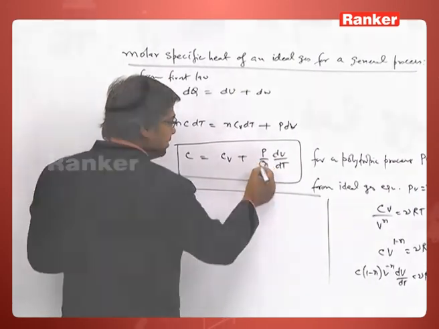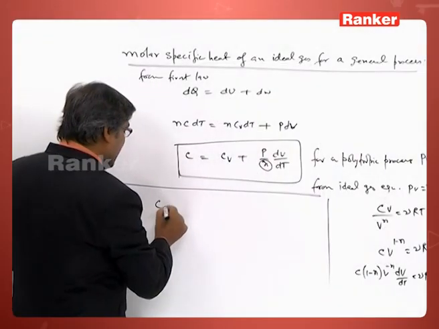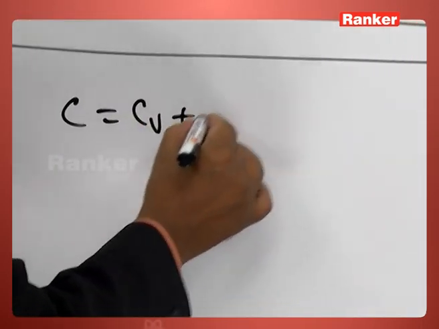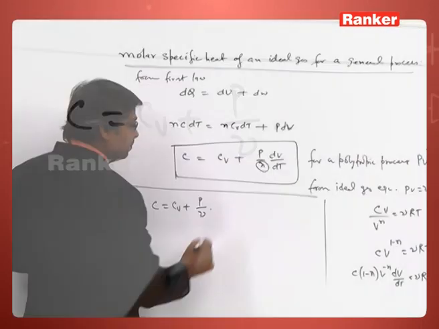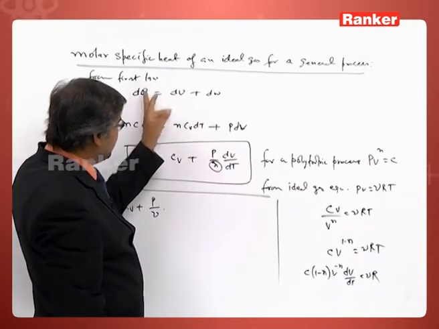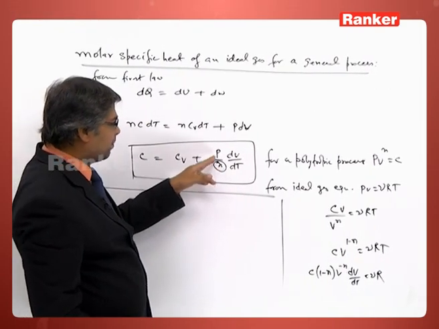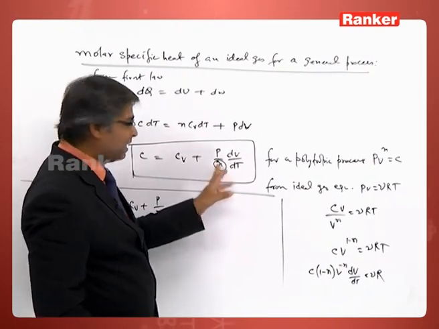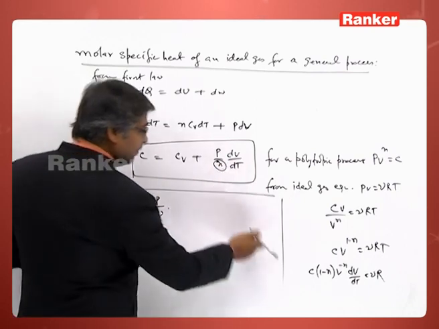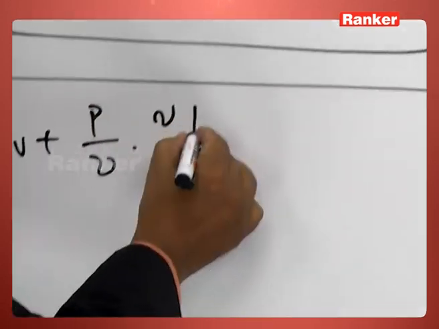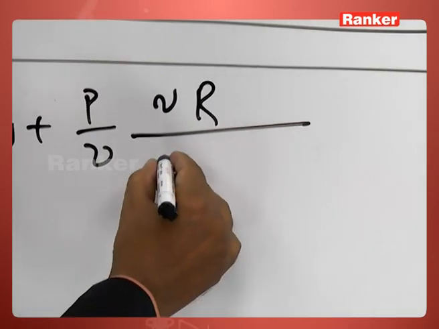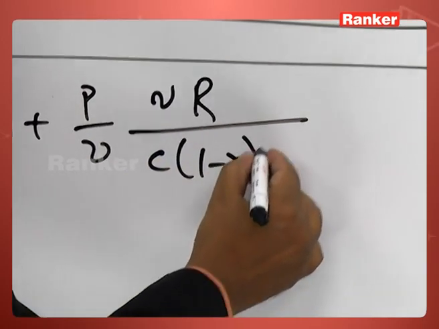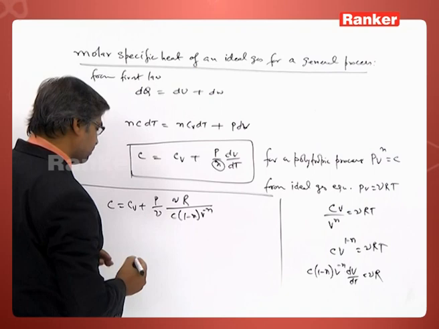Remember, we replace this n by nu, because in the previous discussion n was the number of moles. So we have C is equal to Cv plus P by nu, times dV by dT, which is nu R by C(1 minus n) V to the power minus n.